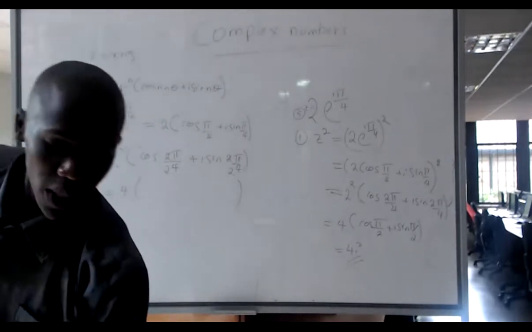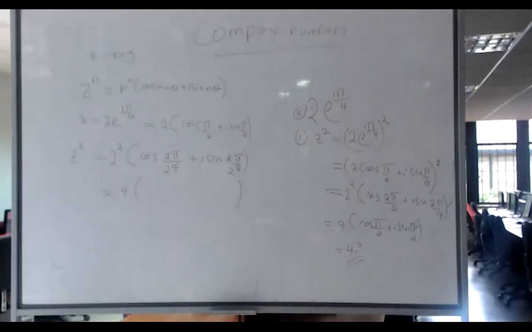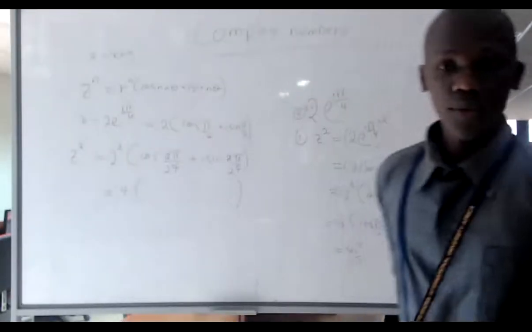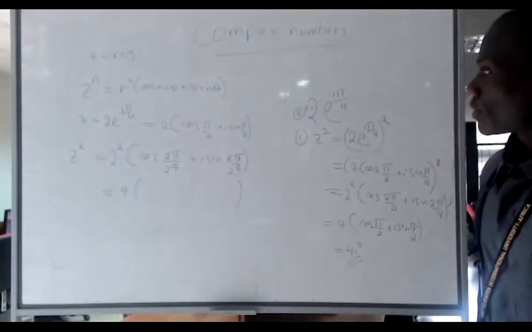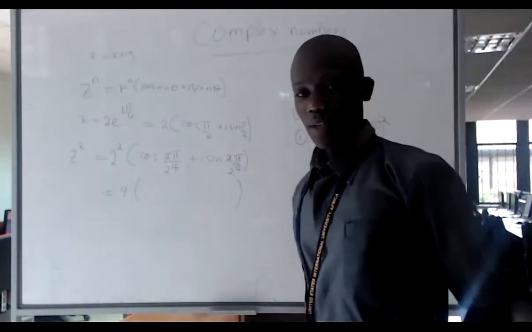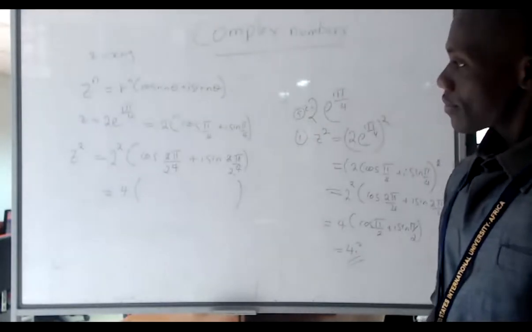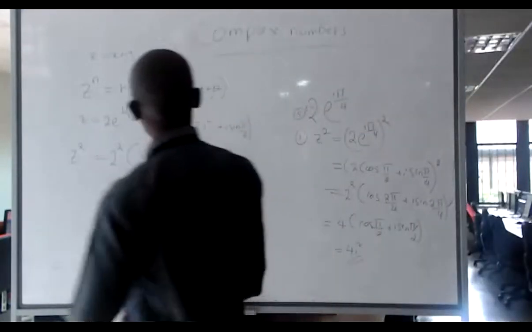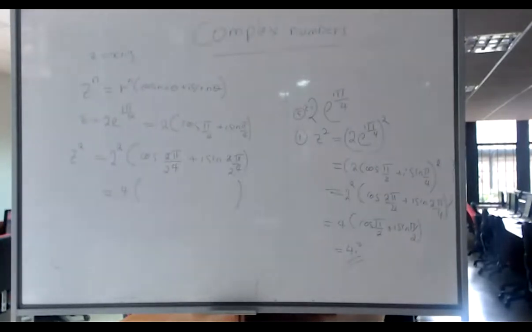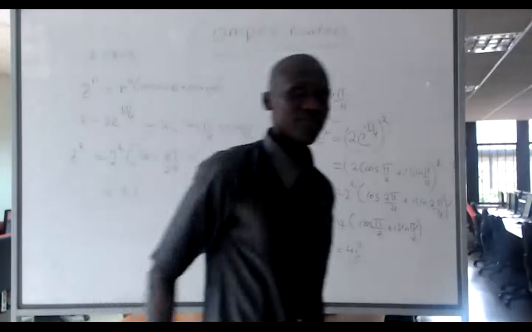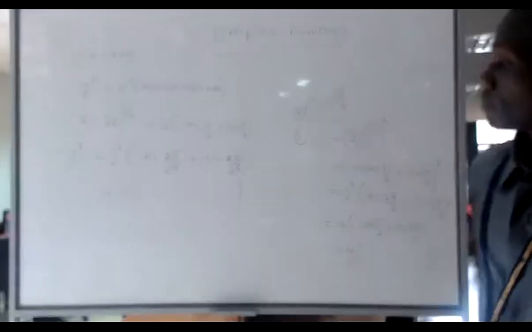What's cosine of pi divided by 2 from the calculator? Have you changed the angle to radians? Change the angle to radians, or you can put it in Google. Cosine of pi over 2. You're supposed to get 0.